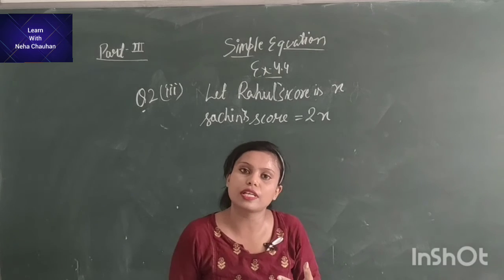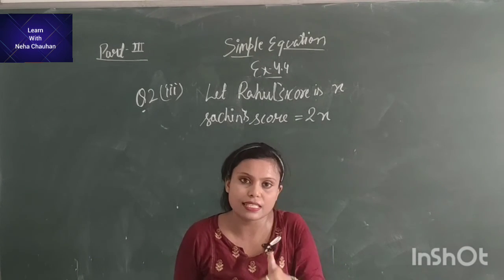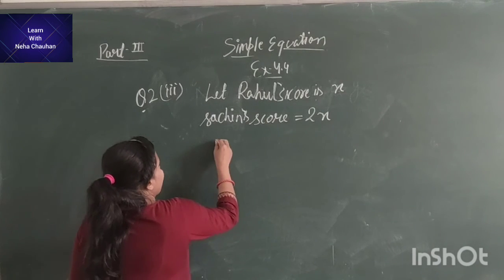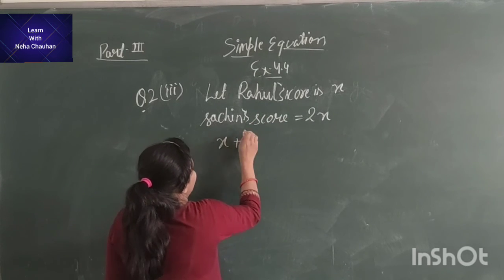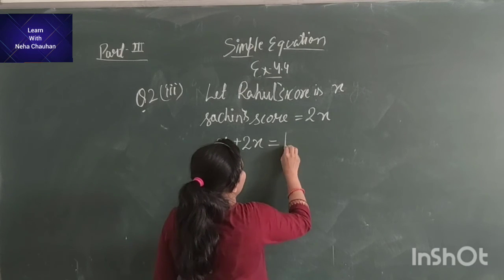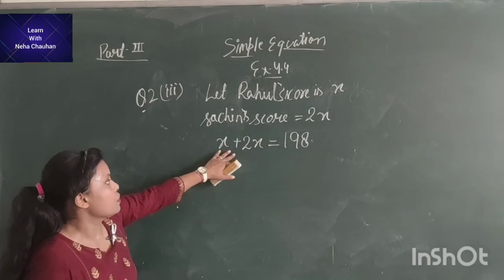A double century is equal to 200. Two short means 2 runs less than a double century. That means 198 runs. So if we add the Rahul score x and the Sachin score, that is 2x, we get 198.